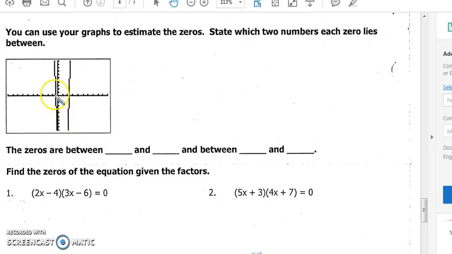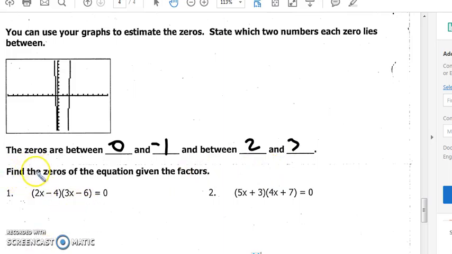So this point right here, the first one, is between the origin and -1. So it's estimated to be between 0 and -1, and this x-intercept is between 2 and 3. Look at the dots, positive 2 and 3. Just estimating, okay?